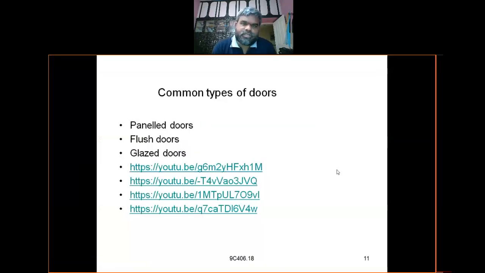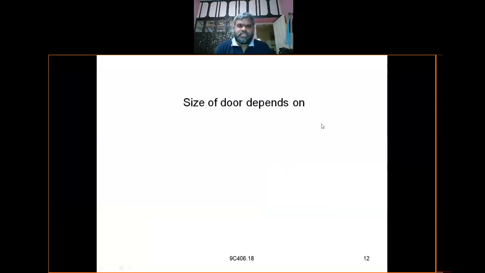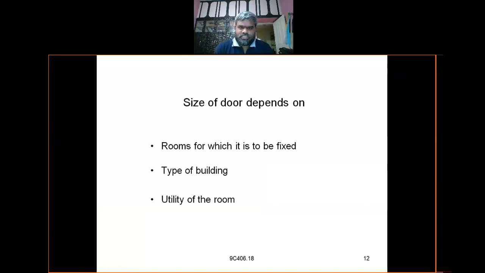Yeah, this is about common types of doors. It is clearly explained, about 12 types of doors, very clearly. And sizes of doors: the size of a door depends on the room for which it is to be fixed, the type of the building, and the utility of the room, meaning for what purpose that room is being used.